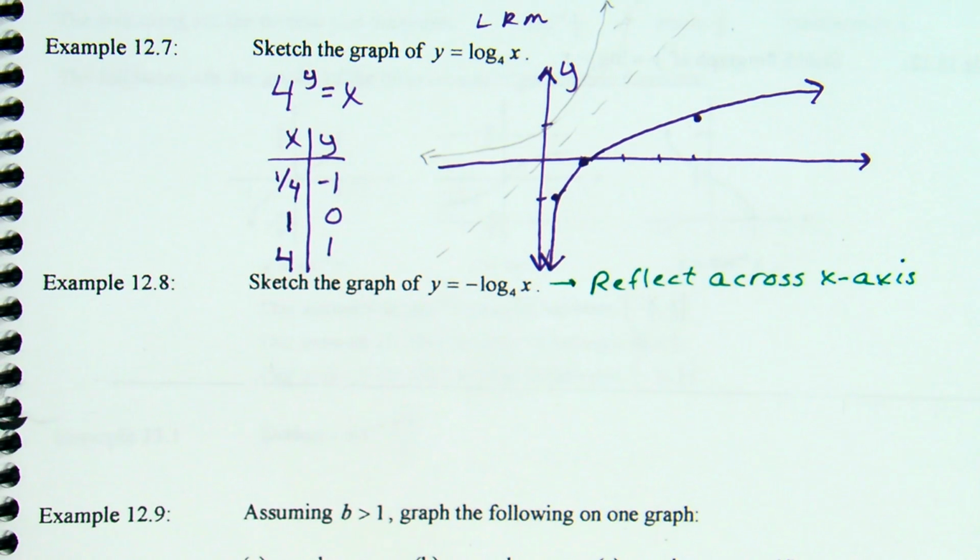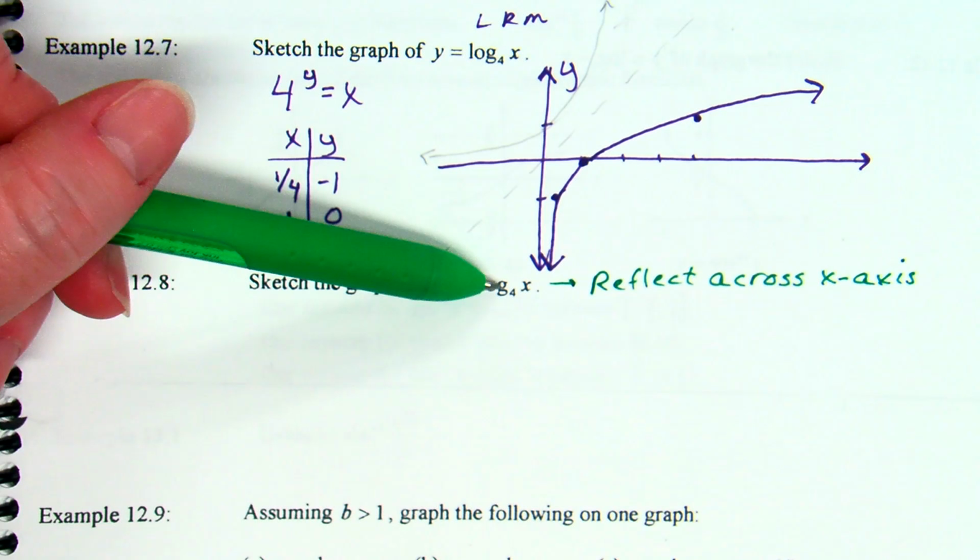The other way you can think of it, if you are wanting an XY chart, we can't really do a left, right, middle when we have this negative on the log. So I can divide or multiply the negative over to the other side, and think of it as negative y equals log base 4 of x. And then I can do a left, right, middle from there.